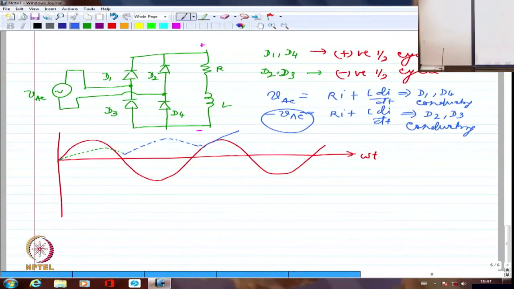So, this is the way the current is going to increase. If I have very, very high inductance, the oscillation that happens between maximum and minimum will become smaller and smaller. That's why we call inductance a current ripple filter. Inductance will always even out any increase or decrease that happens in the current.